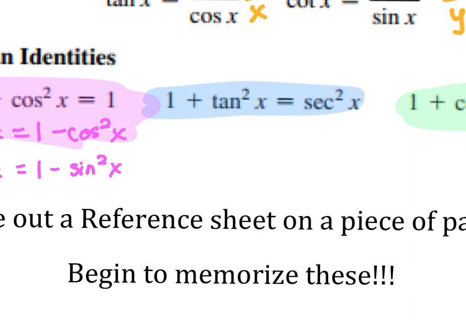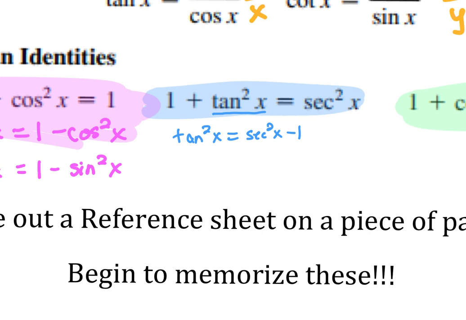We have secant squared basically by itself, but if we wanted to try to get the tangent squared by itself, think about the fact that that would mean we would need to subtract that 1. So tangent squared x would be equal to secant squared x minus 1. So that's an alternative form for Ben's identity, right?